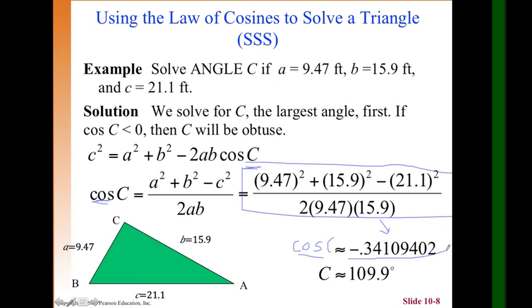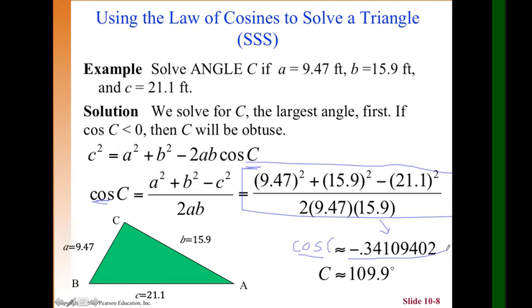0.34109402. So, let's try. On your calculator, shift cosine, then click negative 0.341. Okay, nakakasunod ba? 341,094,02, then close parenthesis.